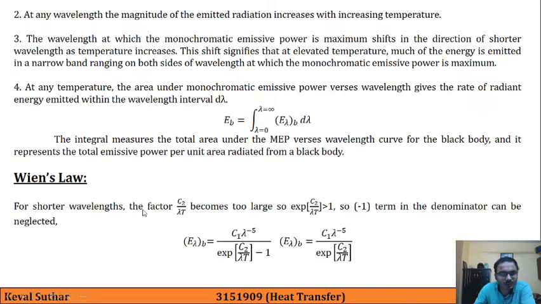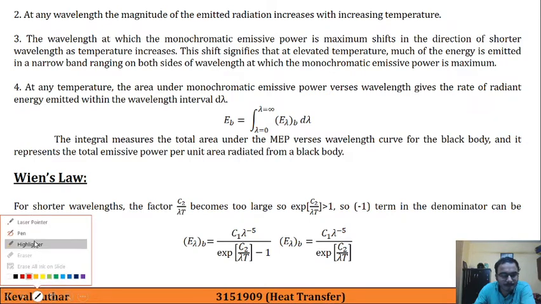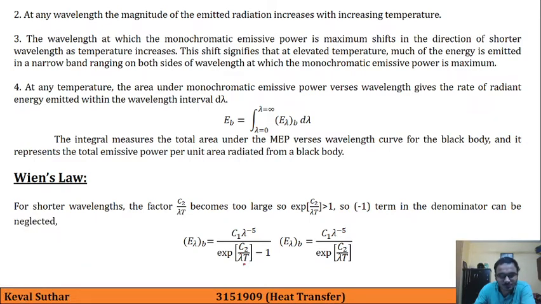So let us say for shorter wavelengths, that is when lambda is less, then C2 upon lambda T is too large, so this term will be greater than 1, so minus 1 can be neglected. That's why we have neglected this minus 1 for shorter wavelength.